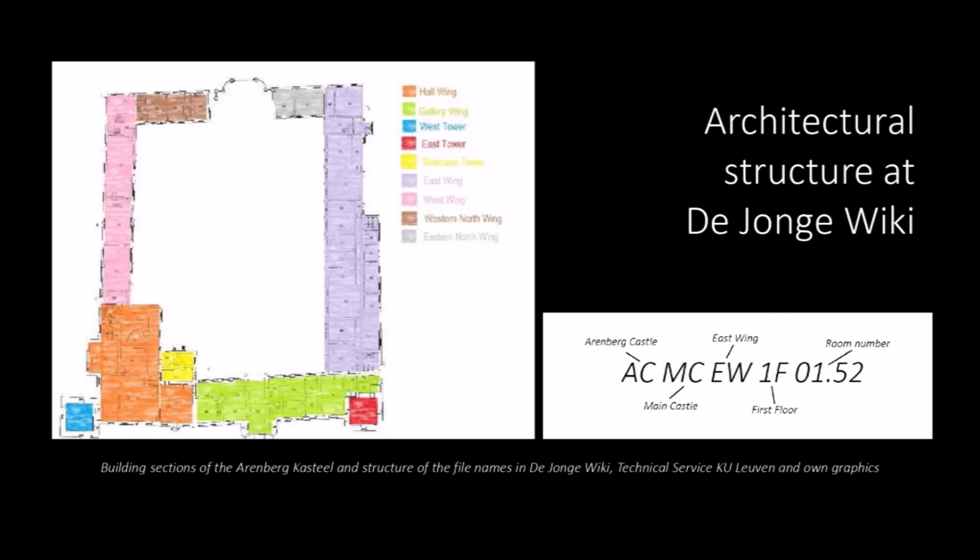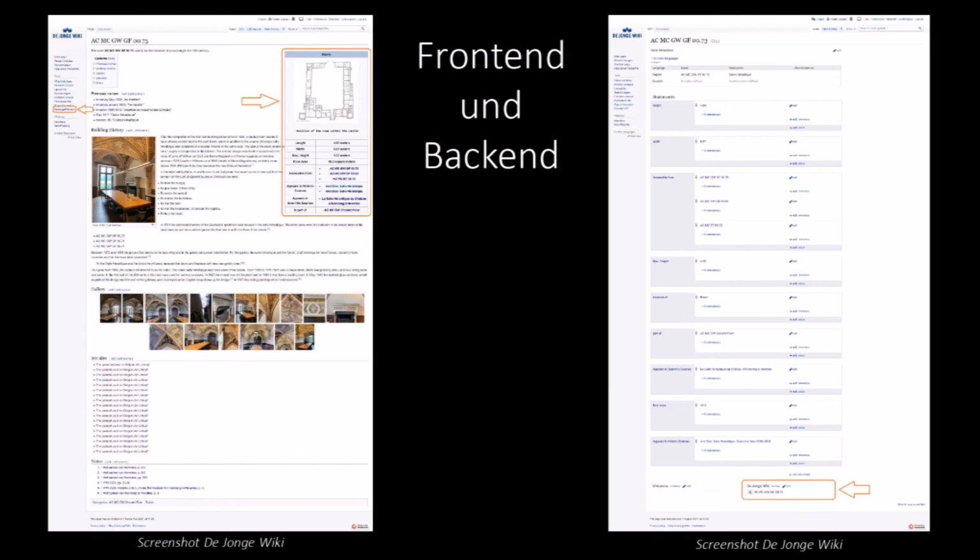So all these elements, like coordinates, indicate the location of the particular room within the building complex. Here you can see the entry for a room in the front end on the left. That is the usual user interface. In this case, the article on the Salle Heraldique. At the top right, you can see an info box in which statistical data is given, such as information on width, length, height, or floor area, as well as the accessibility by other rooms, as well as a superordinate object of which the room is part.